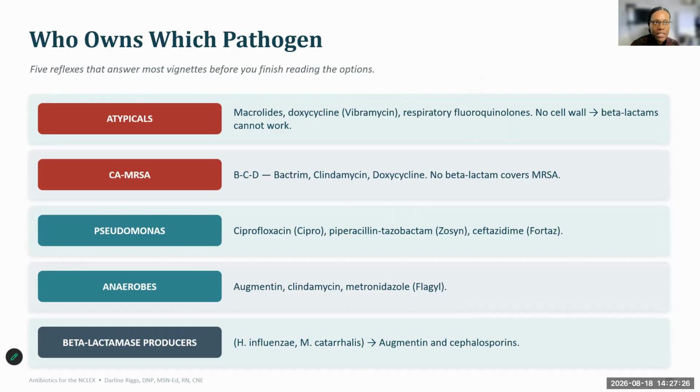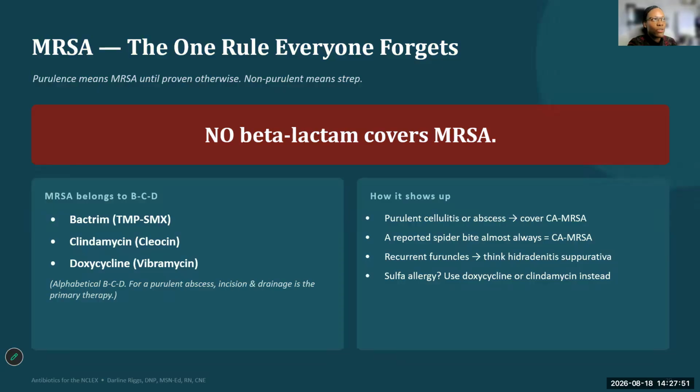Your pseudomonas: ciprofloxacin, piperacillin, ceftazidime. Your community-acquired MRSAs: Bactrim, clindamycin, doxycycline. Your atypicals: macrolides, doxycycline, fluoroquinolones. Again, no cell wall, no beta-lactams. All right, so it's just a quick refresher.